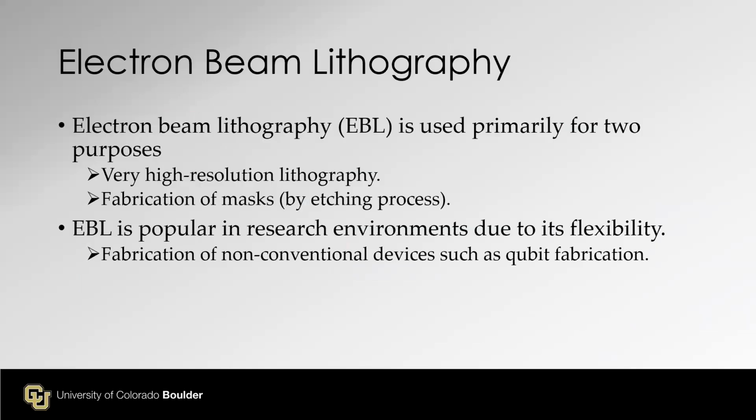Electron beam lithography is used for two major purposes: very high resolution lithography and fabrication of masks. I don't think we will get a user who needs to make a mask in our facility. But yes, it's capable of doing such a job. Because you would typically make masks using some other tool, Tomoko?